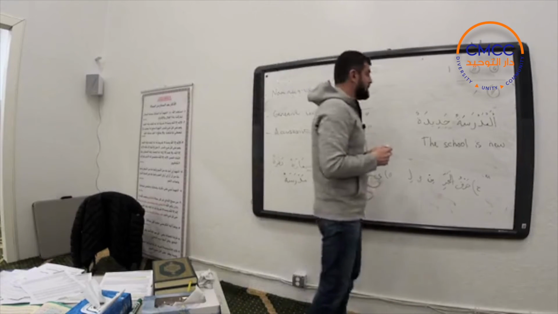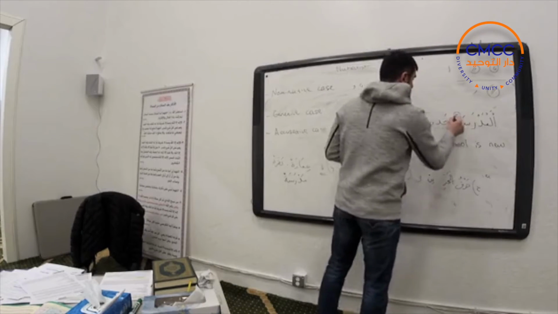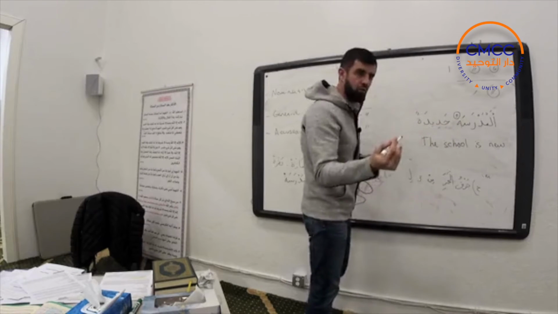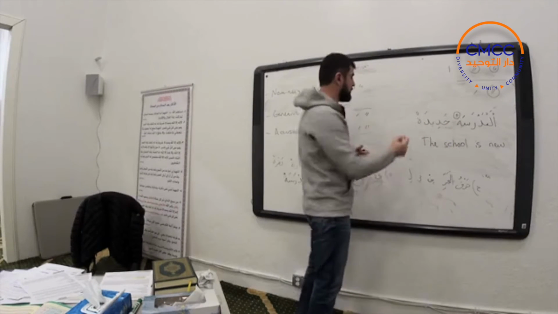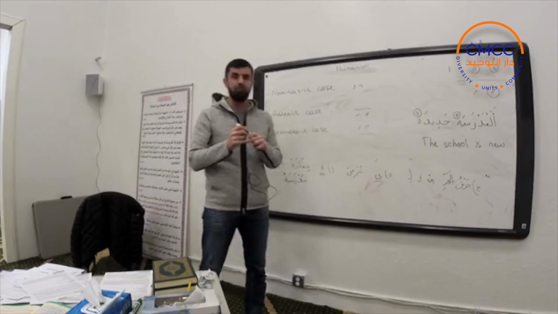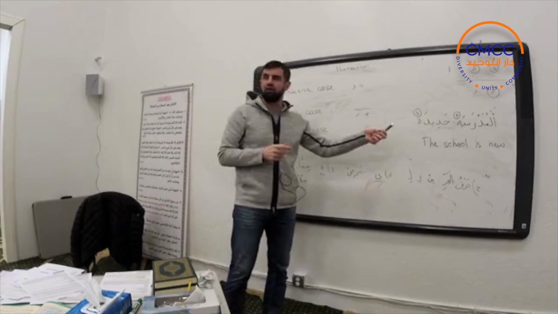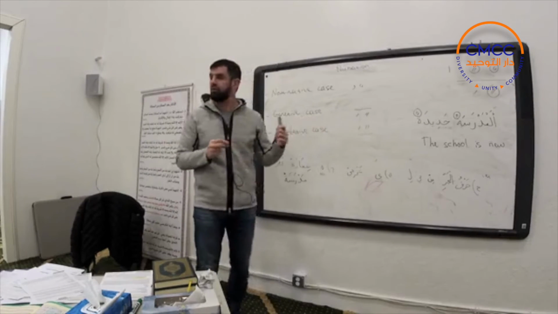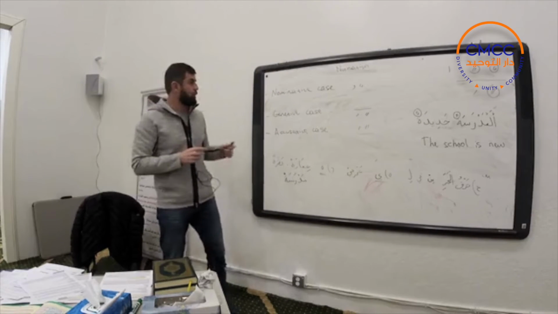What is the sign of the nominative case? It's either u, dammah, or tanween, which is un. This is the sign of the nominative case.